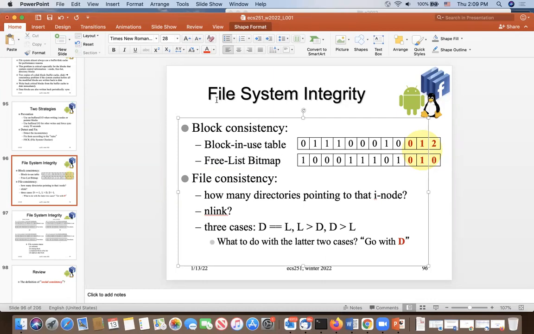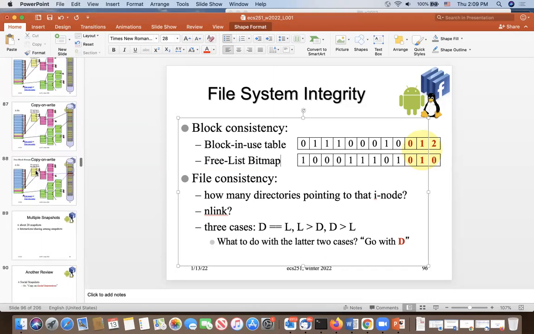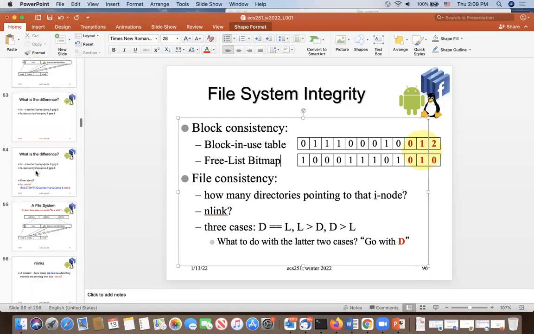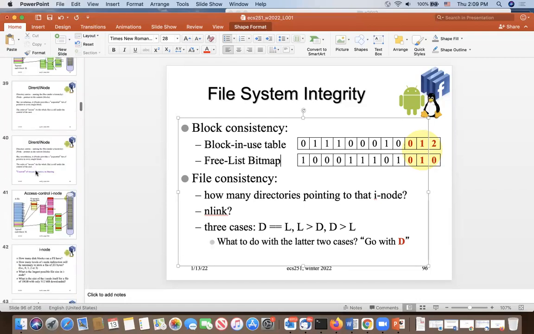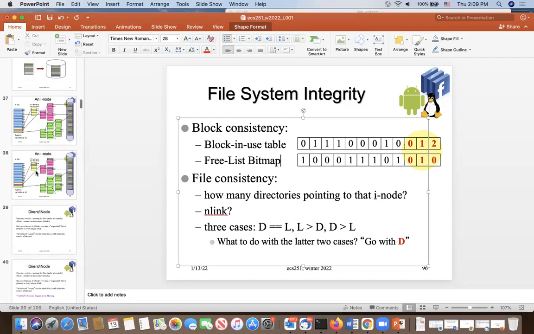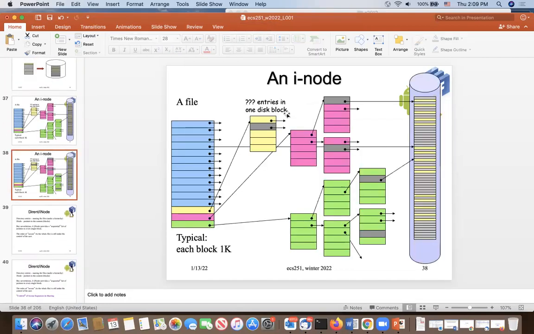Remember, let me go back to this picture. Let's go back to our favorite data structure, the inode. I hope you understand there are lots of pointers.